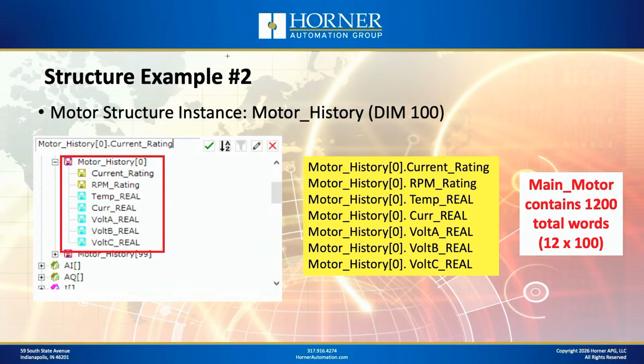And on the right, you can see that, again, the notation is just what we looked at with main motor, except this time we've also got an index for our array, because motor history is an array of structures, which means it doesn't take up 12 words total. It takes up 1,200 words, okay? Because each element of the array is 12 words, and there's 100 different members of the array. So that's 12 times 100 words for that particular variable.